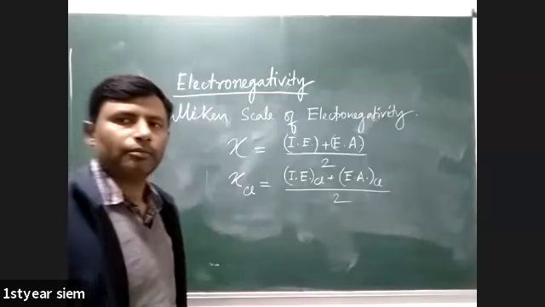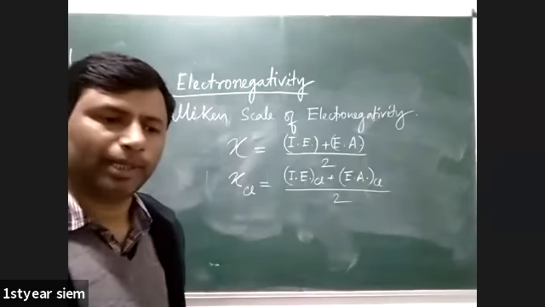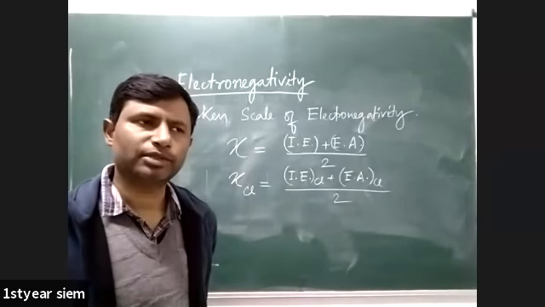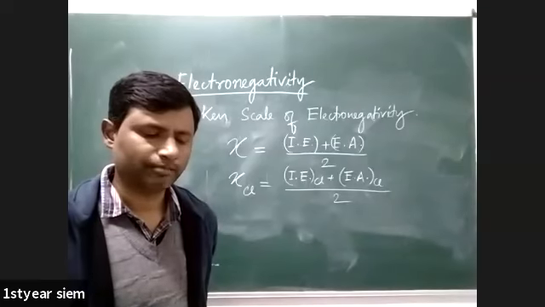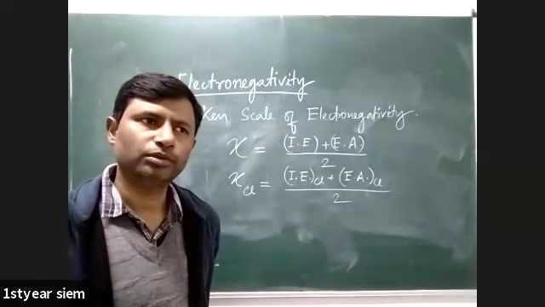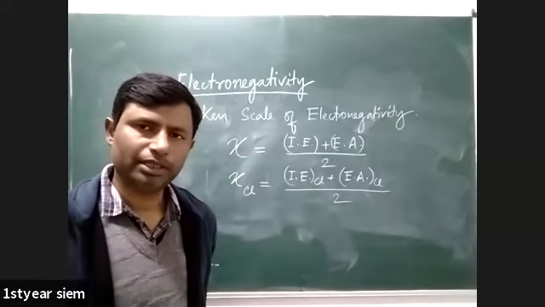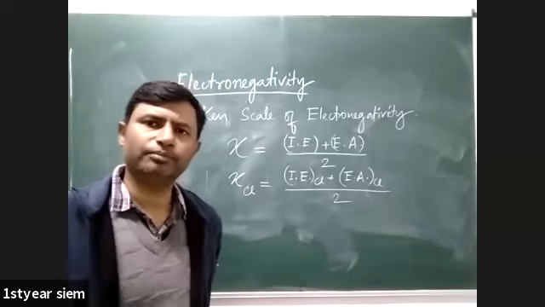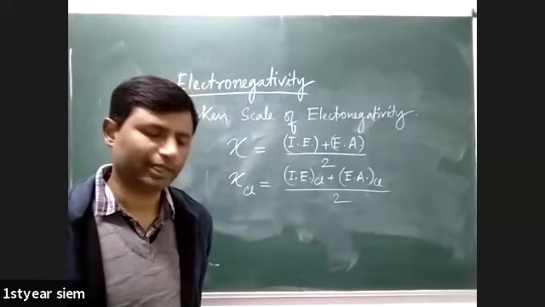Suppose there is a numerical problem in the question paper. The ionization energy and electron affinity values will be given, and you just have to calculate the average of those values.